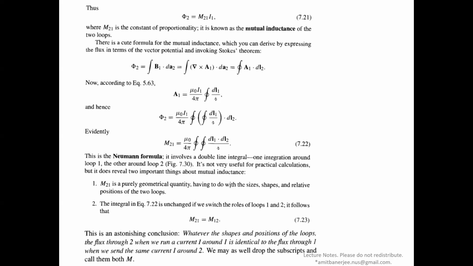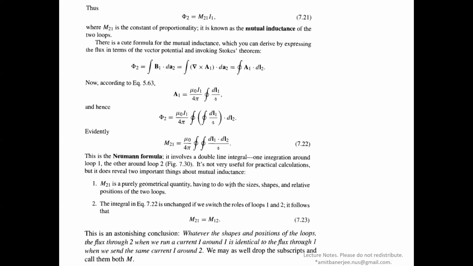Now you can already understand from this equation that M21 is purely a geometrical quantity having to do with the size, shape, and relative positions of the two loops. From this equation, you can also see that it's unchanged if we switch the loops from 1 to 2. That means M21 will be the same as M12.